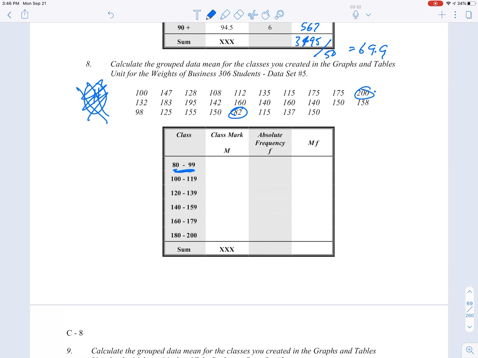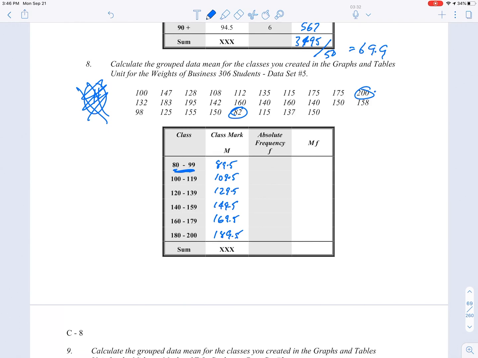All right, so the class marks, which are the midpoints of each of these classes, are going to be 89.5, and then we're going up by 20s. So 109.5, 129.5, 149.5, 169.5, and 189.5.